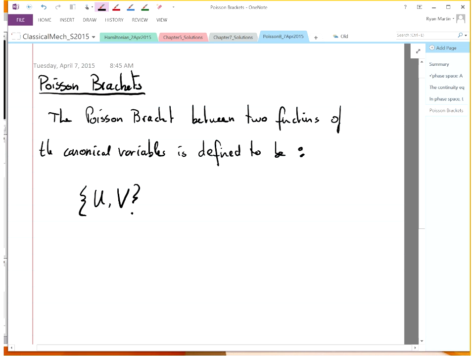So the Poisson bracket, the notation is that you do curly brackets between two functions u and v. So u and v are my two functions of the canonical variables. The Poisson bracket of u and v is written like this, curly brackets u comma v.